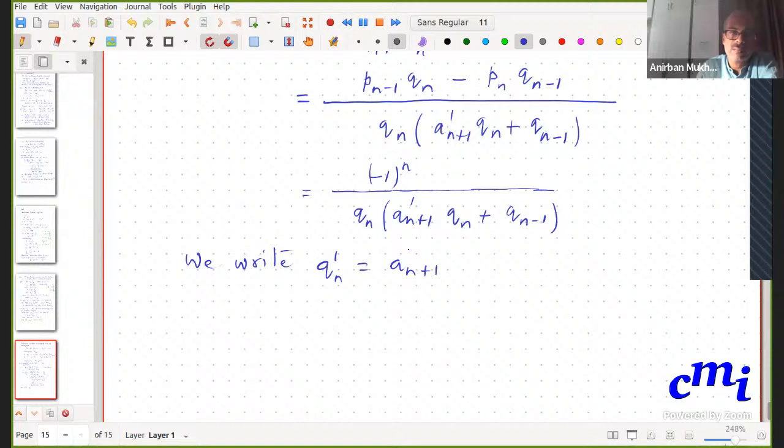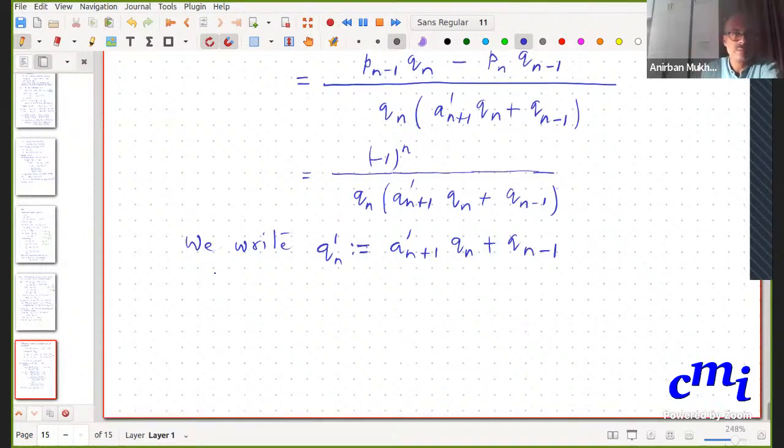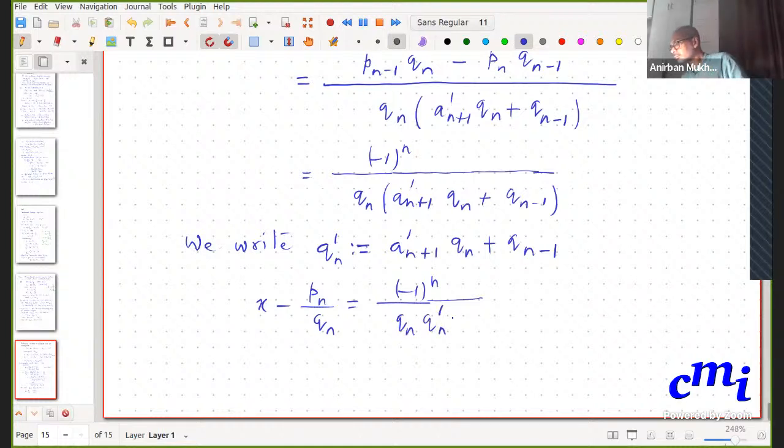This is just a notation for An plus 1 dash Qn plus Qn minus 1. Just use this notation. So that would give us x minus Pn by Qn is equal to minus 1 to the n divided by Qn dash.